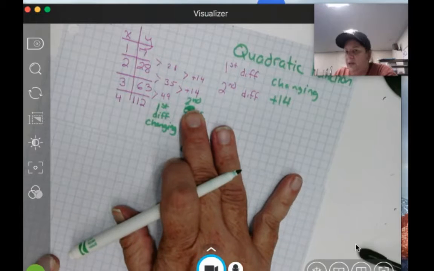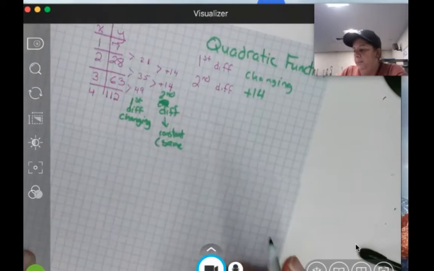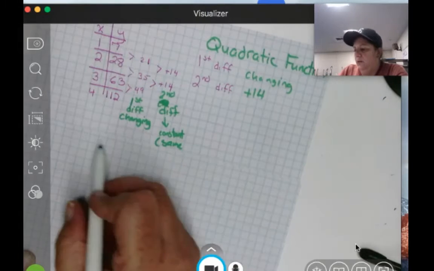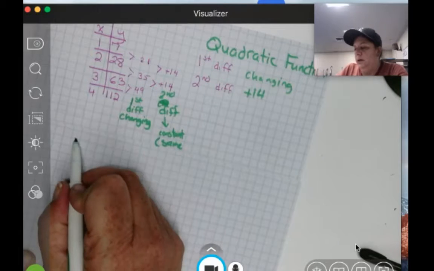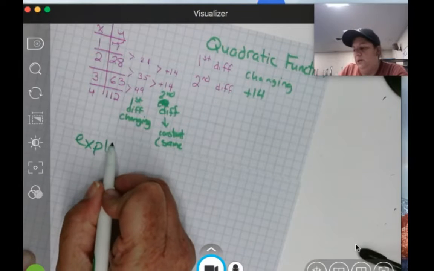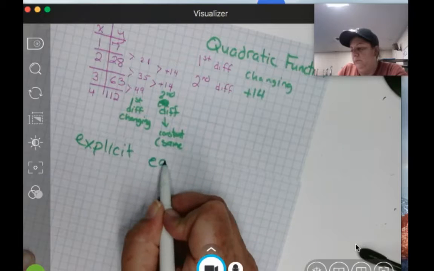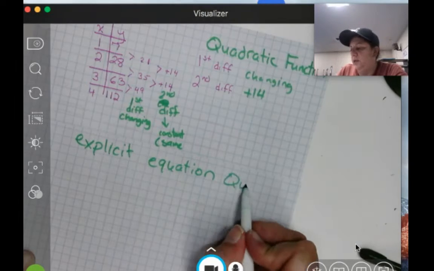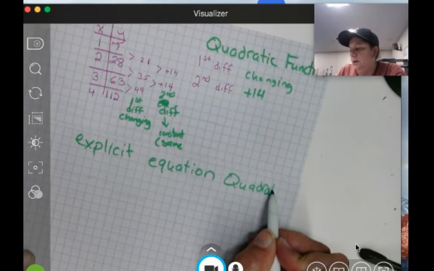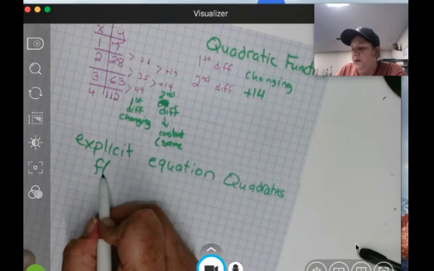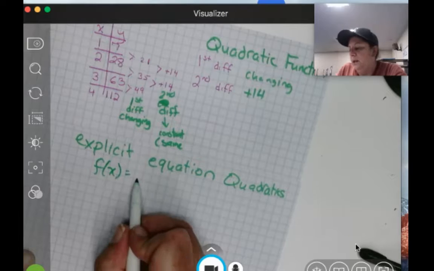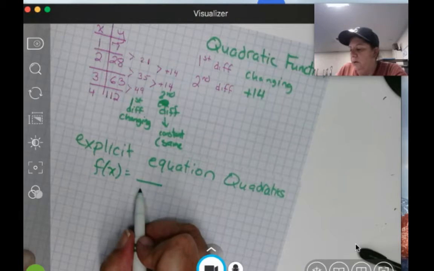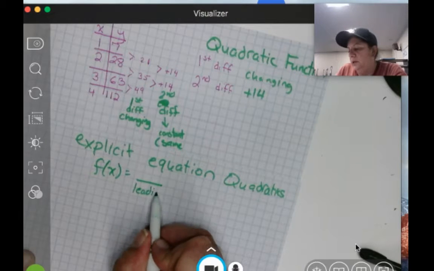We didn't do a lot about writing equations today, but a hint I gave everybody was that when you write an explicit equation for a quadratic, it's just for quadratics, you're going to have f of x equals, and your leading number, or leading coefficient, as it's called.